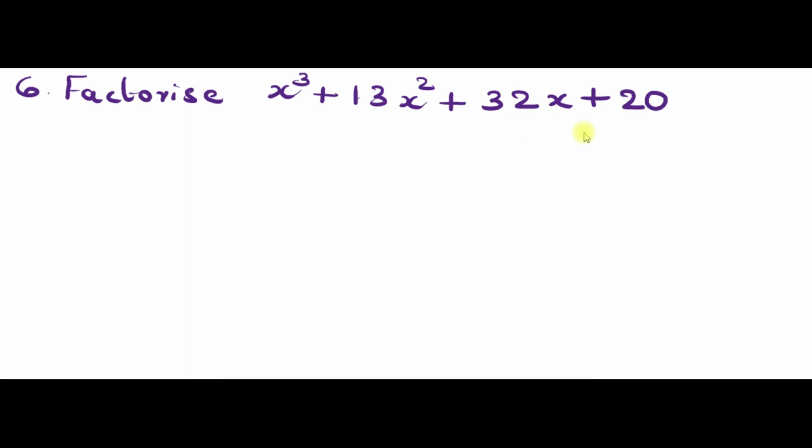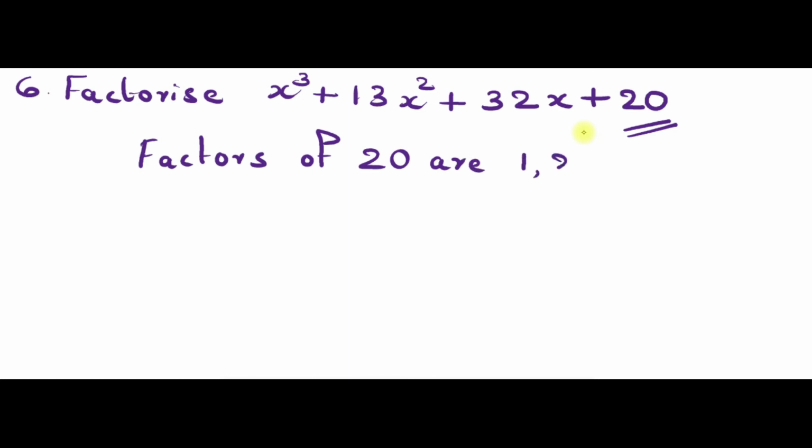Here you have to consider your constant term 20. Factors of 20 are 1, 2, 4, 5, 10, etc. You have to consider negative signs also. This is a cubic polynomial, so you have to get a zero polynomial from this.